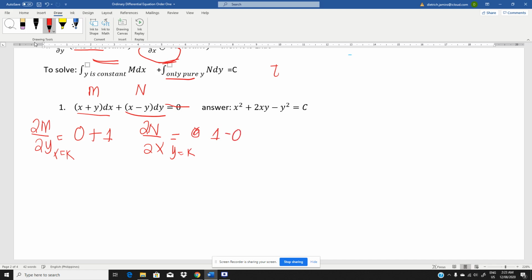We can see that the partial derivative of M with respect to y is equal to the partial derivative of N with respect to x.